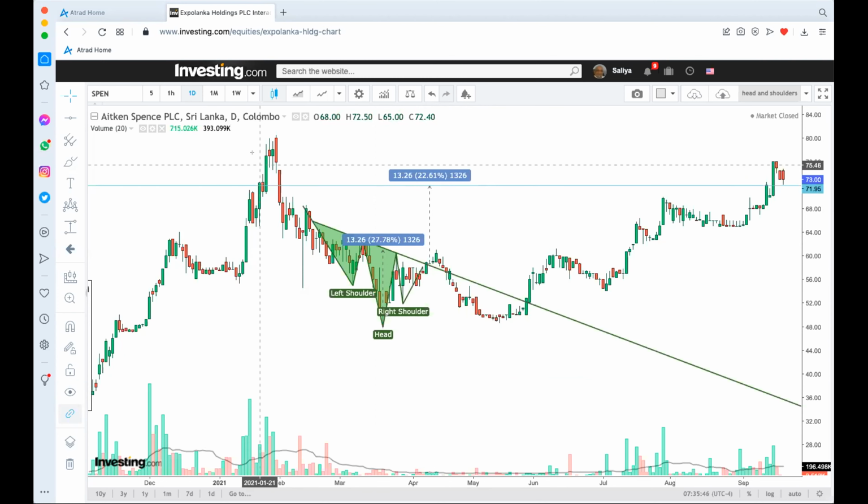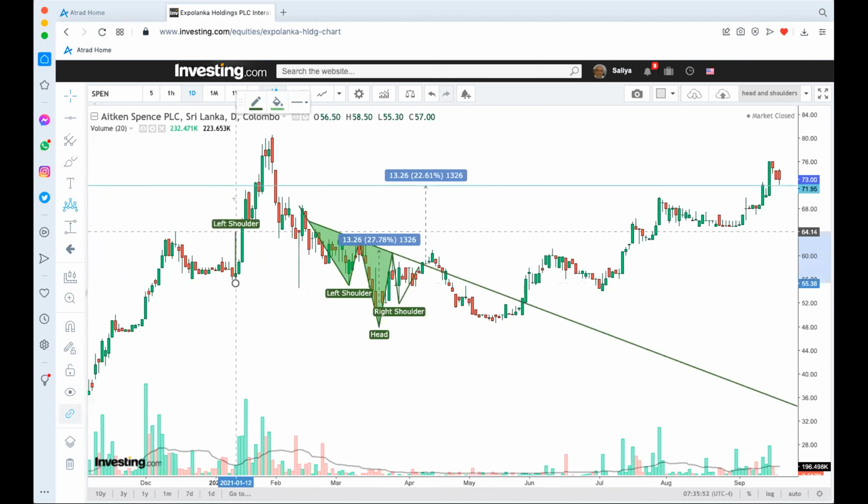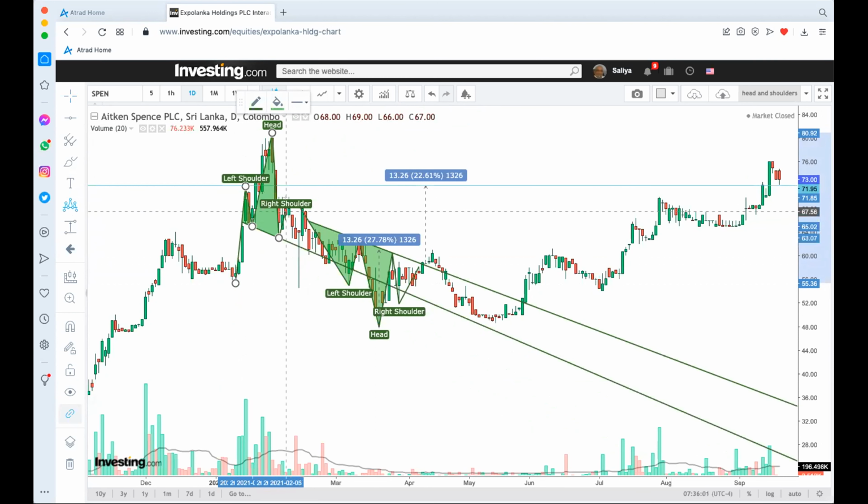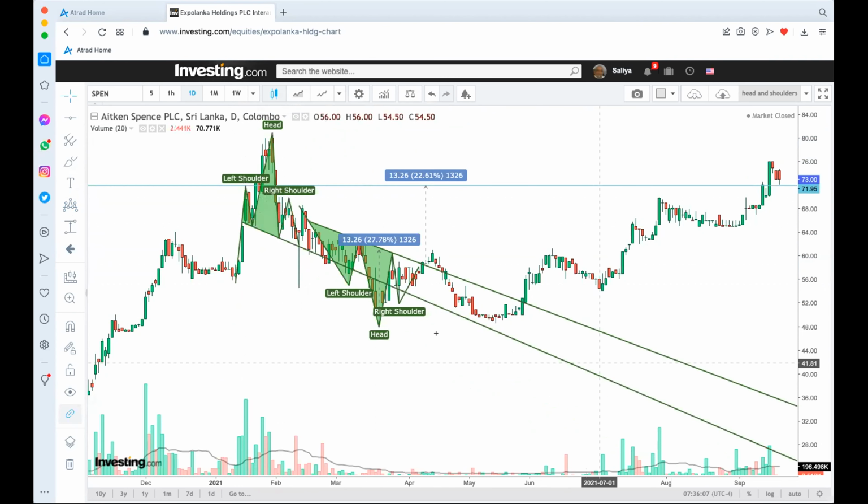If you had kept the regular head and shoulder pattern like this here, then this also becomes another support level.